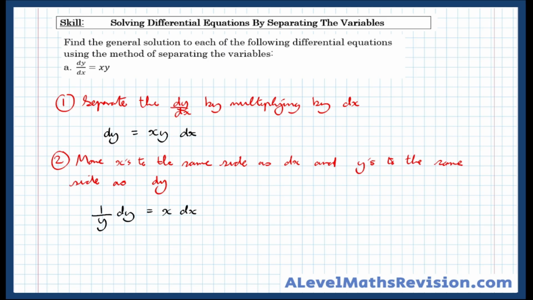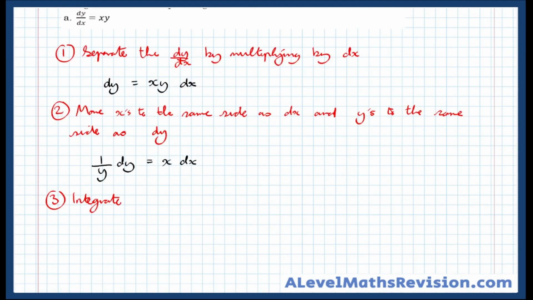So step 3, now we're ready to integrate. If we integrate both sides now, that gives me the integral of 1 over y dy equals the integral of x dx, and hopefully now you can see why we put all the x's on the same side as the dx and the y's on the same side as the dy, so that this integral now works, because we've got the integral of something to do with y's, dy, and the integral of something to do with x's, dx.